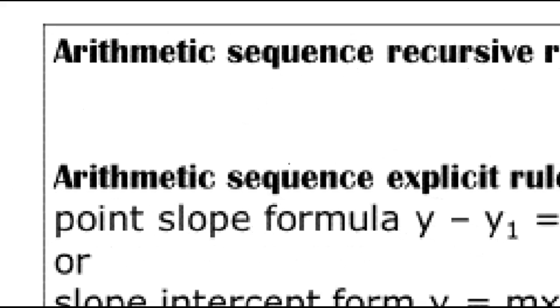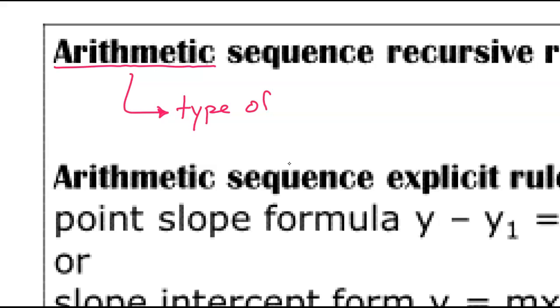Now, arithmetic sequences, does anyone know what type of sequences these are? What's happening from one term to the next in an arithmetic sequence? You're adding or subtracting. Yes. Add or subtract.